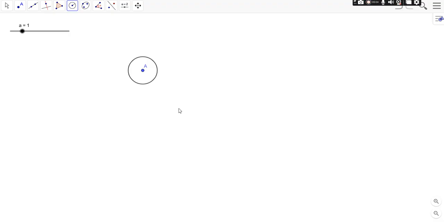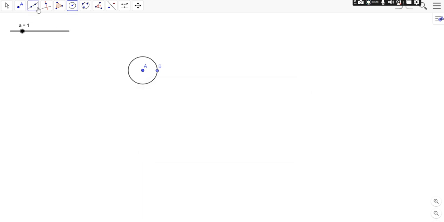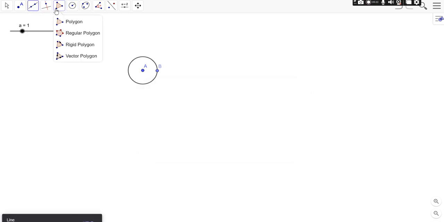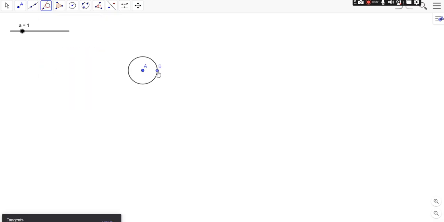We'll observe. Dear students, we have talked about that tangent is a line which touches the circle at one point. So what is this point called? Have you any idea? For example, I'm taking a point B, and if I draw a tangent to the circle at point B, what do we observe?